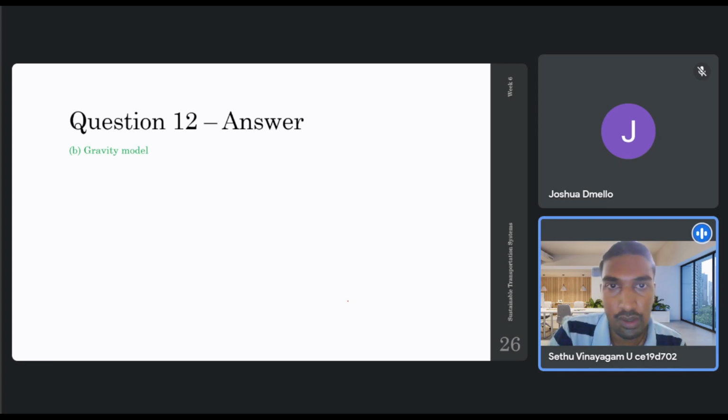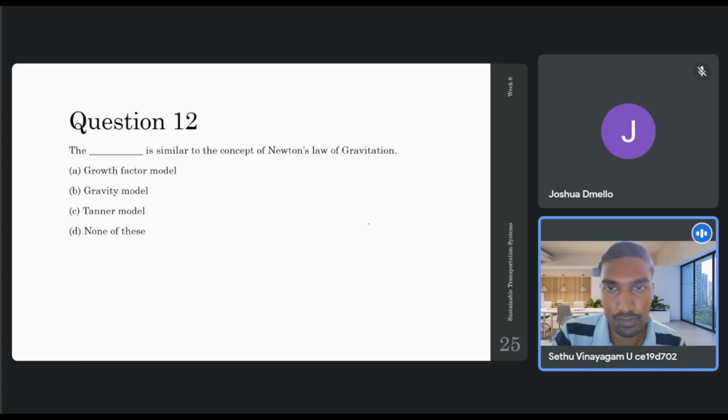It is the gravity model, right? So the names give away, right? Newton's law of gravitation and gravity model. But why is it the same? What do we know from Newton's law of gravitation? The gravitational force is proportional to the mass of the two bodies that are being attracted, right?